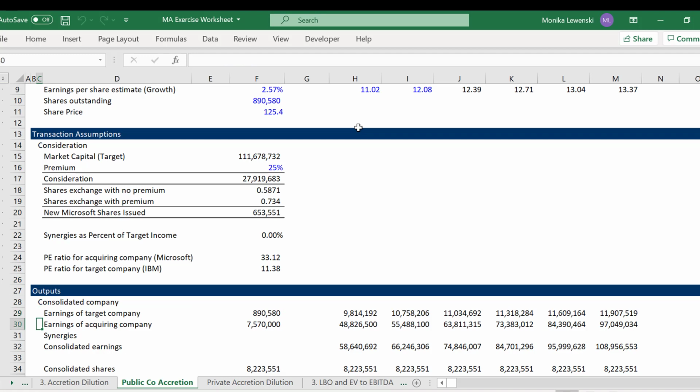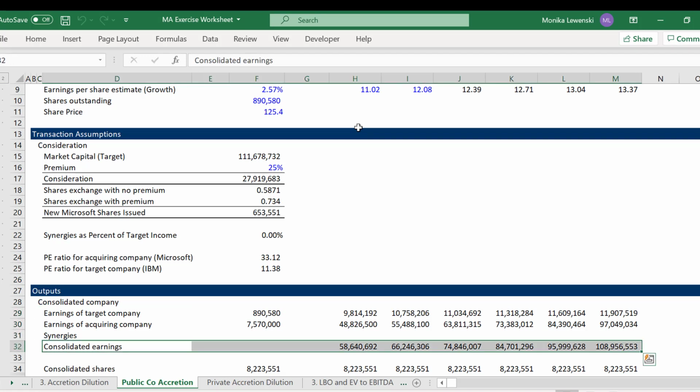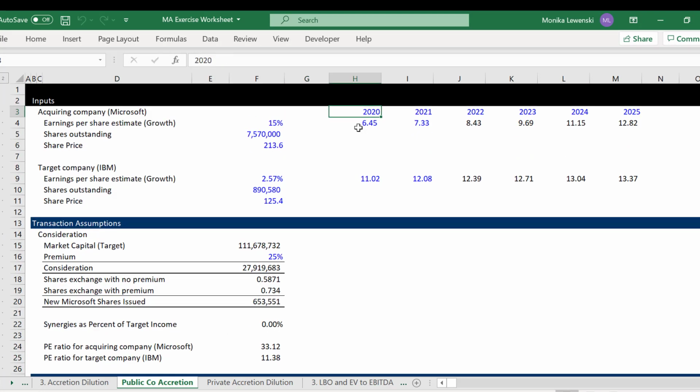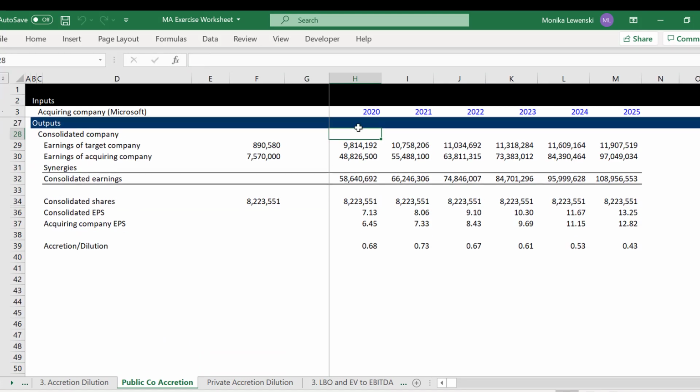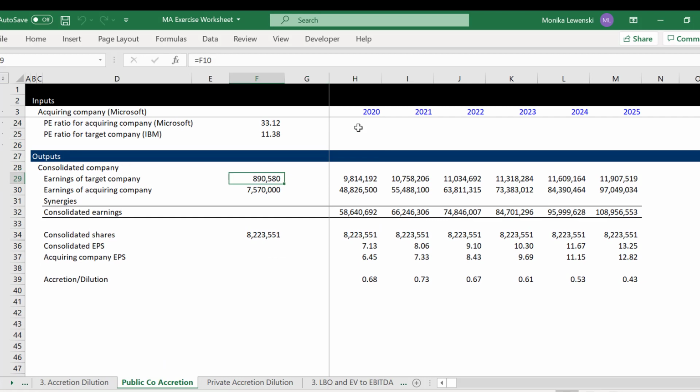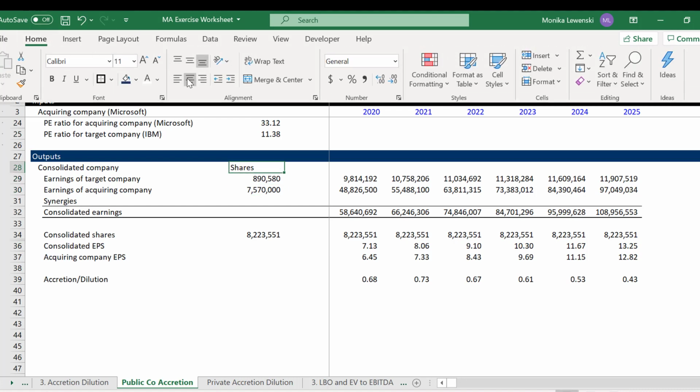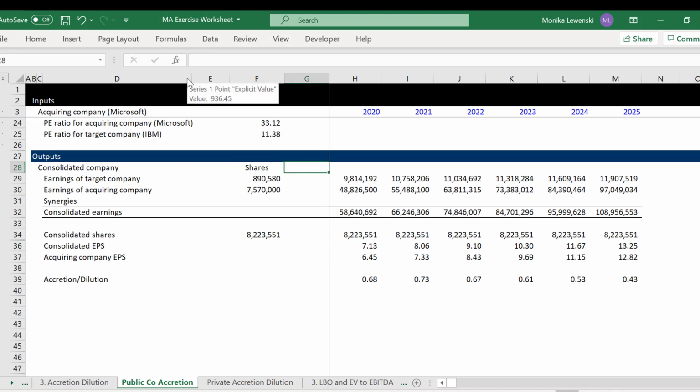So we put the two companies together, and we put the shares over here. Perhaps when you do this, let me put shares up at the top here, and perhaps this is income, not income per share.